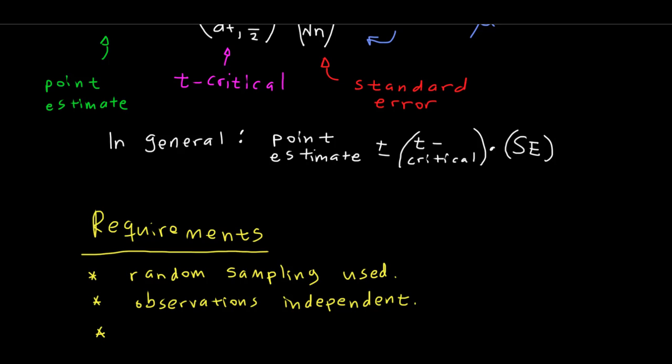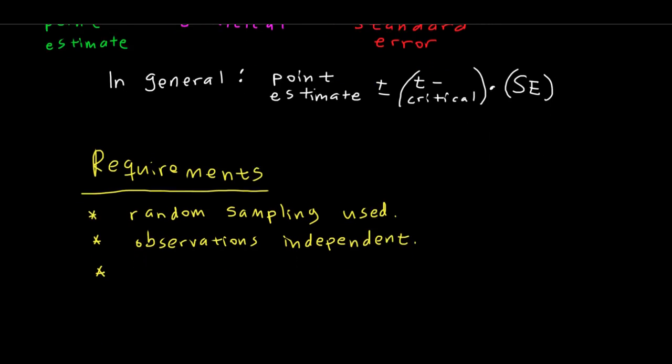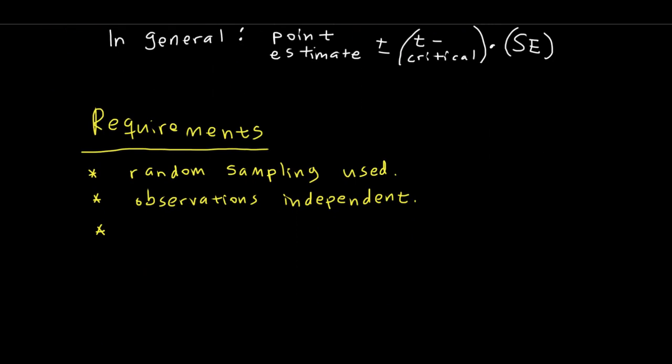Now, the one that may take just a little bit of work is that we need to consider the sampling distribution of the sample mean, Y, capital Y with a bar, approximately normal.